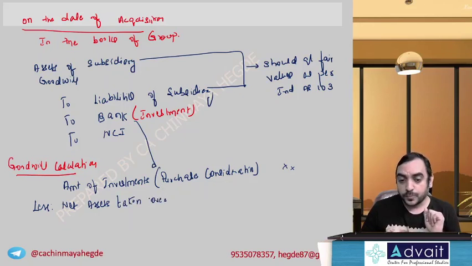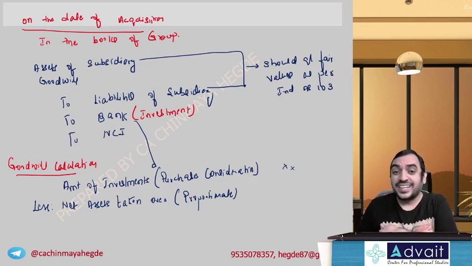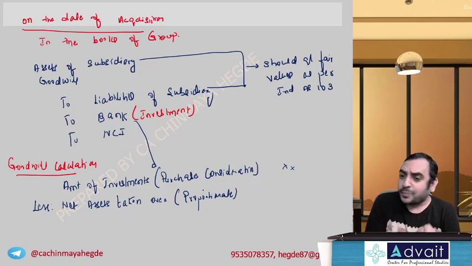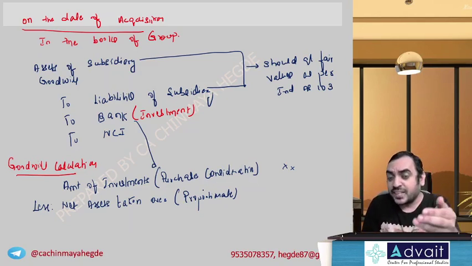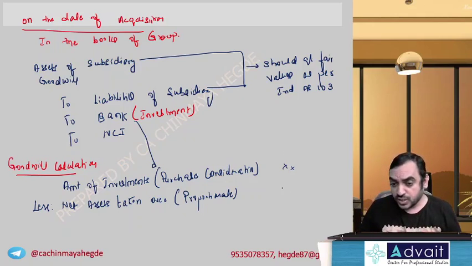Net assets taken over. And remember, net assets taken over, not full, proportionate amount. Why? Because the amount of investment you made, the purchase consideration, in my example 70%, is not 100%. You are not acquiring 100%, so you don't pay 100%. So you pay 70%. Net assets also should be only that much. So this difference will give me the amount of goodwill.